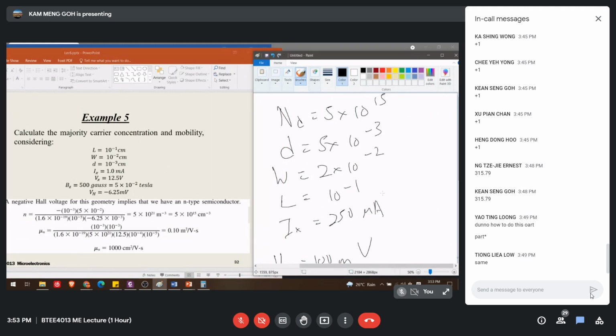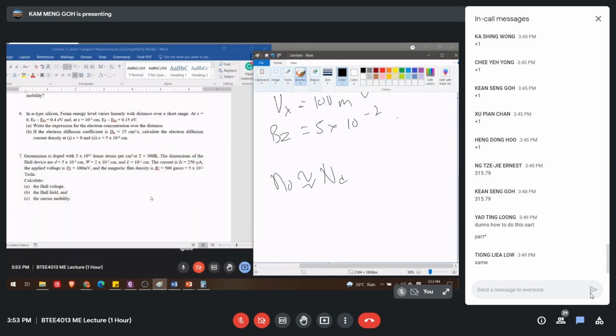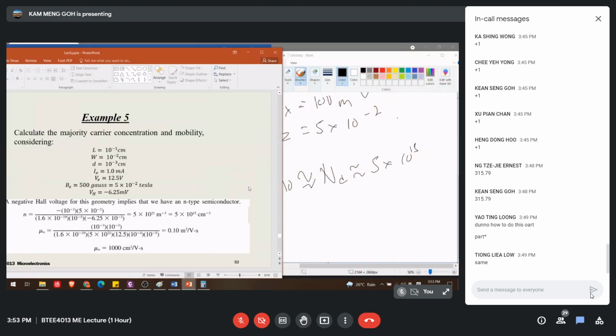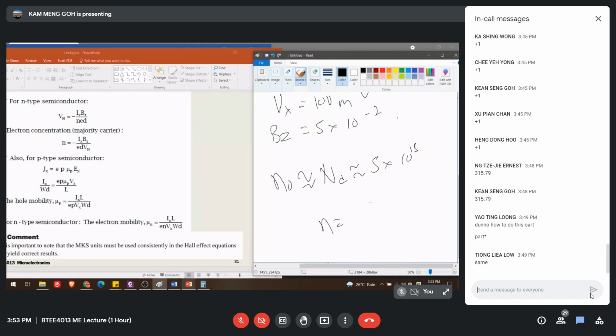In this case, we assume that n0 will be equal to ND, which equals 5 times 10 to the power 15. Then we just need to use the formula to calculate the answer that we want, which is this: VH equals IS BZ over e n d.